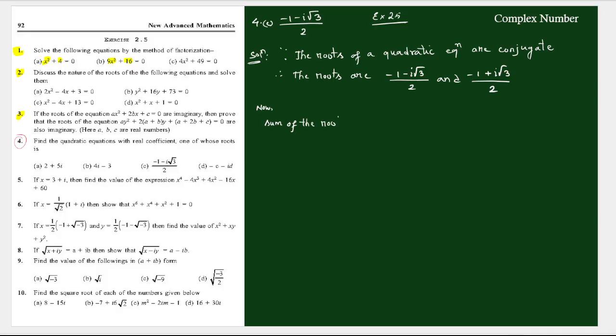Sum of the roots equal, क्या होगा, -1 minus I√3/2 plus -1 plus I√3/2। ठीक है, तो अभी क्या होगा, 2, राइट, minus I√3 plus into minus becomes minus, है ना, plus plus I√3, so they become 0.